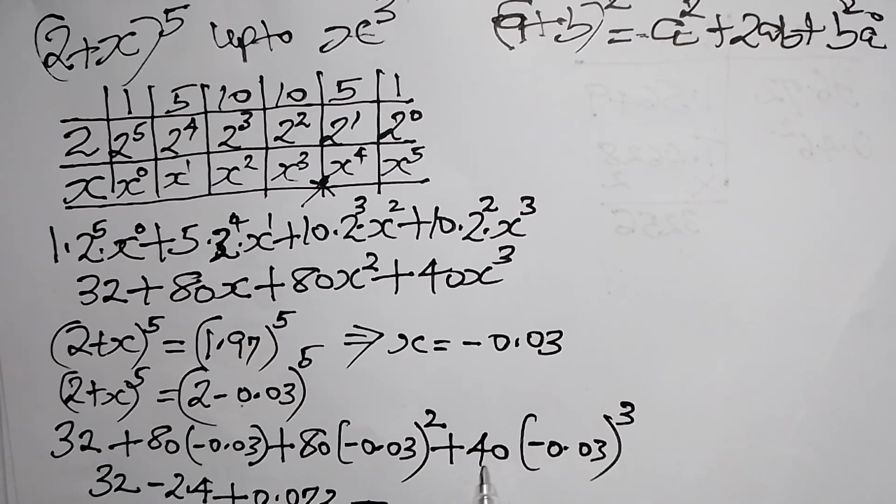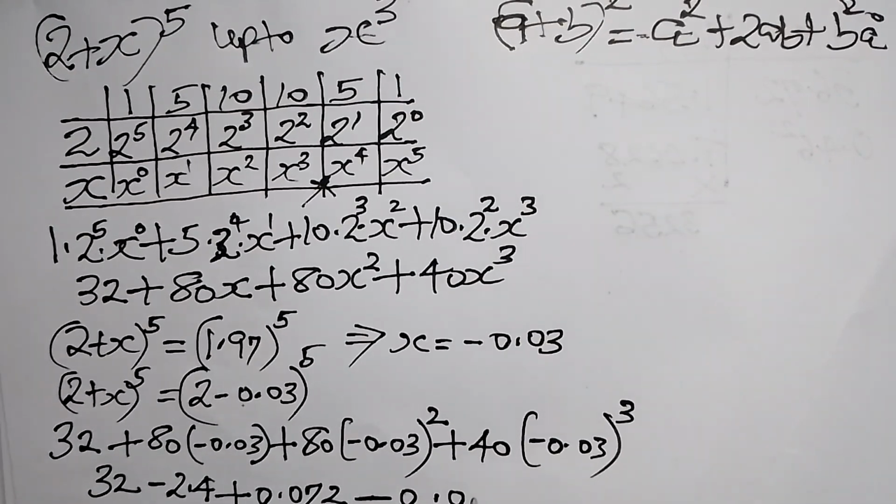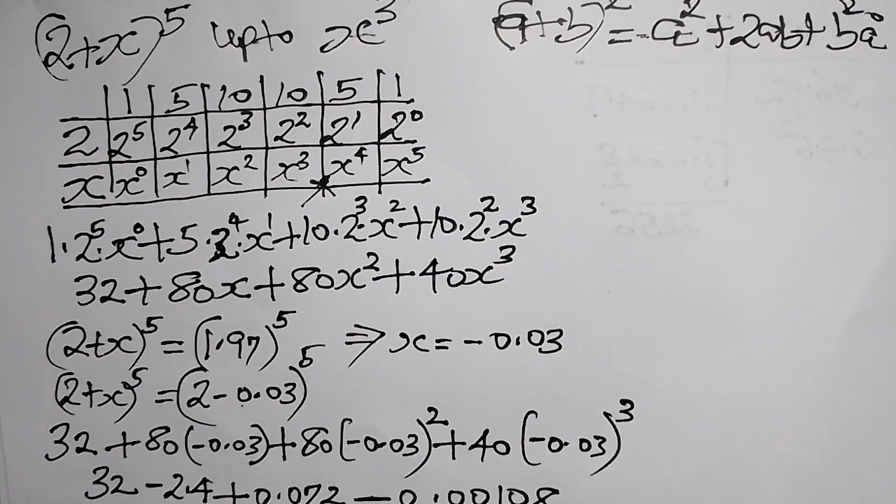When you multiply it by 40 from your calculator, you're going to get minus 0.00108.